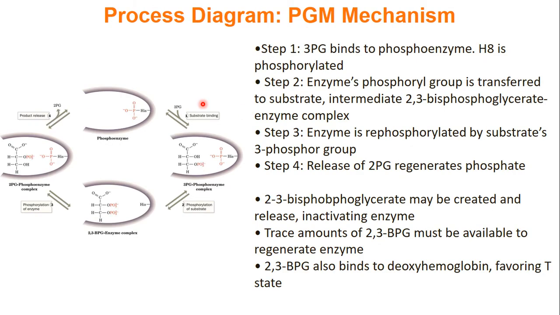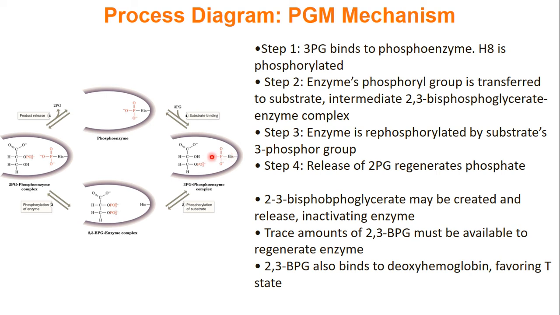So let's take a look at the mechanism for this, because it's interesting in that we are using a phosphoenzyme. We've never really talked about a phosphoenzyme doing a mechanism before, so let's look at this. Step 1, as in every step 1 of the enzymes we looked at, the substrate binds, substrate 3-PG, and we have a phosphorylated histidine, histidine 8.